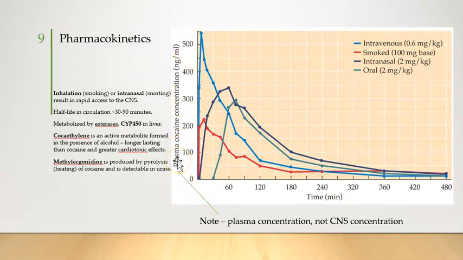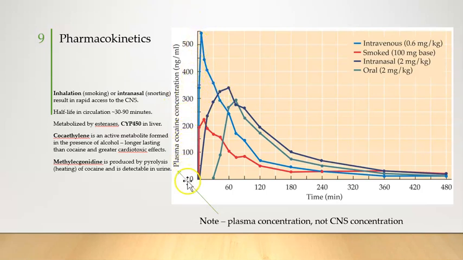Not central nervous system concentration, but plasma concentration, okay? And now intravenous is very quick. We see that. However, intravenous crack cocaine or cocaine use isn't very popular. And so I guess that is technically the fastest way.